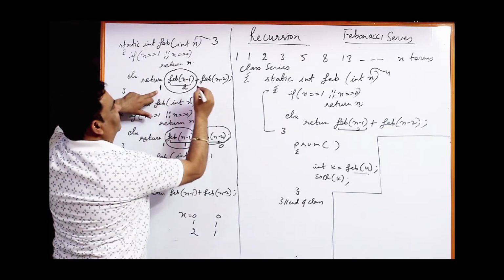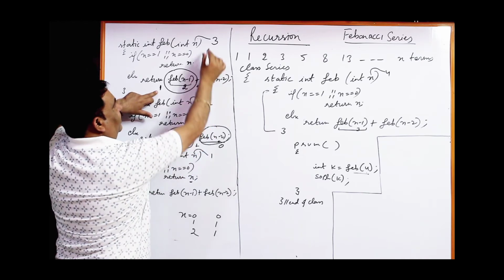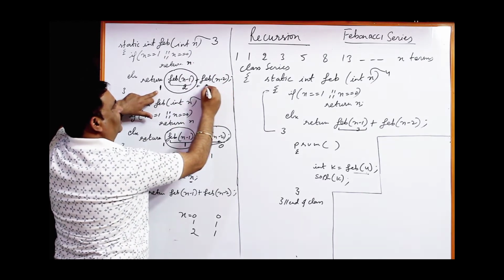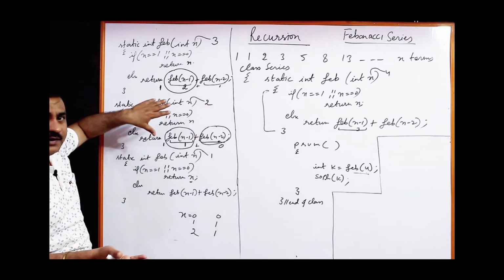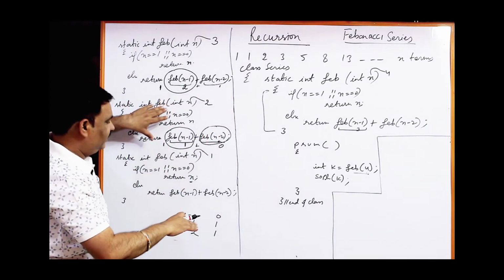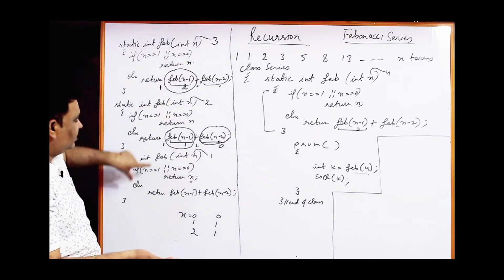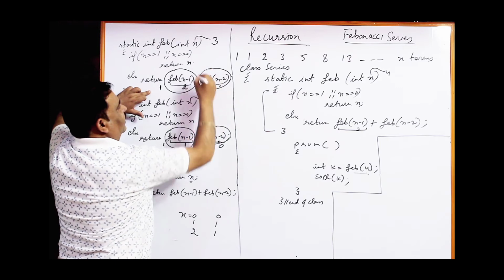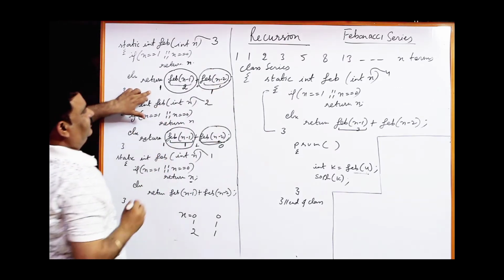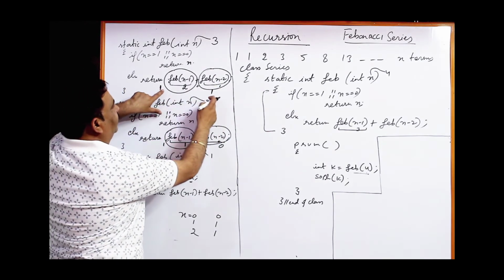Now the turn of this function will come, where n is 3. 3 minus 2 is 1. So 1 will be passed from here. When we pass 1, we will get 1 again in the next memory block, because the condition will be true. So this function will get 1 back. So finally 1 plus 1, 2.